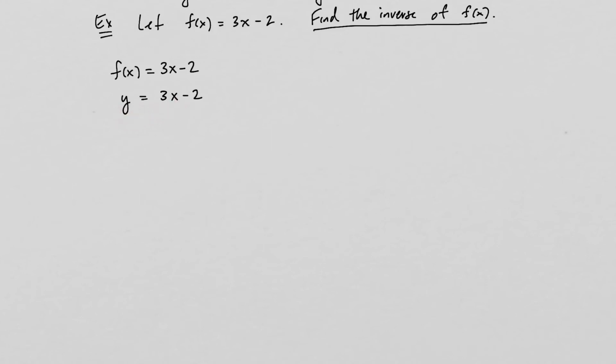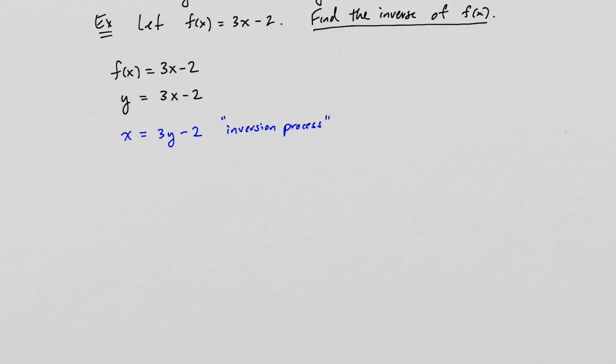The fancy word for switch is to invert, and that's why it's called the inverse function. So y is going to become x, and x is going to become y. And when you do that, you get x equals 3y minus 2. And this is the inversion process. This is the critical step when you're finding the inverse function.